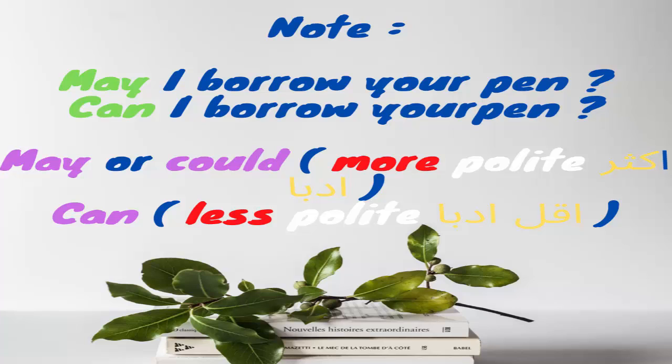Now just focus on this lesson to understand that when we say may I borrow your pen, this sentence intends to express permission by using may. We can also say can I, and can here plays the role of may. It means a synonym of may is can, and both of them express permission.